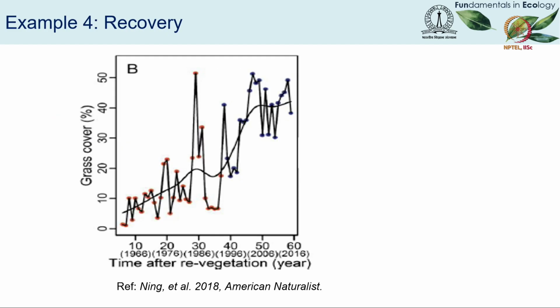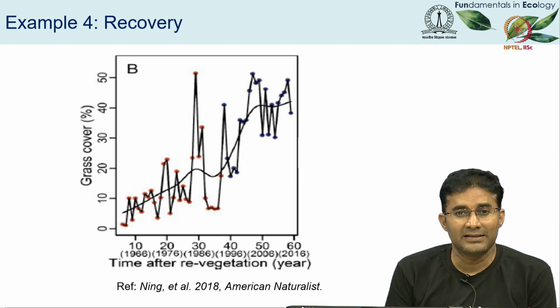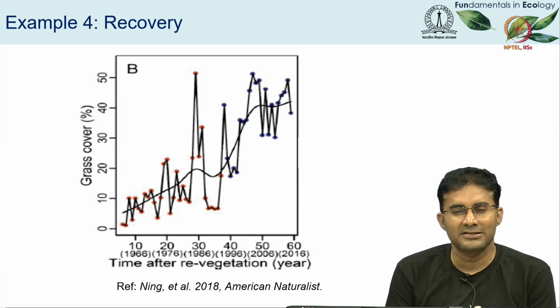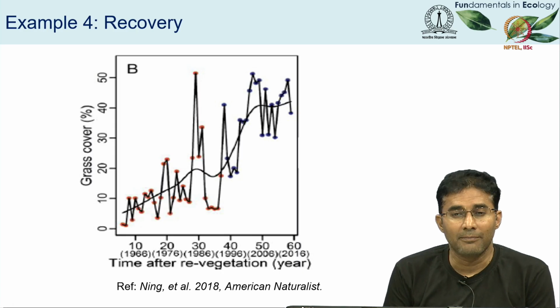Here is an example, and this example is actually from one of my own research works. With collaborators from China, we were studying how a grassland ecosystem was recovering over time, and what you see on the y axis is the grass cover in an area which was relatively low in the initial years, slowly increasing, and it shows threshold-like dynamics after some number of years.